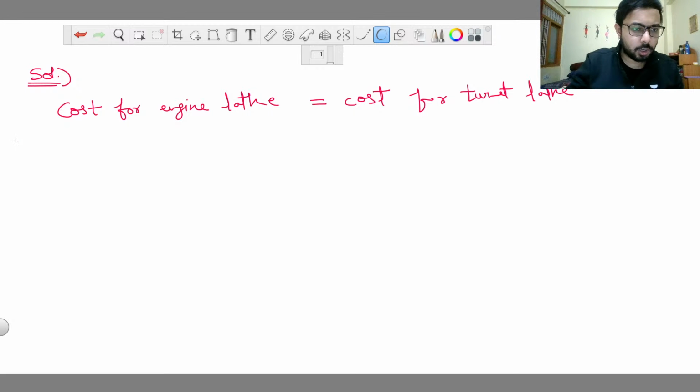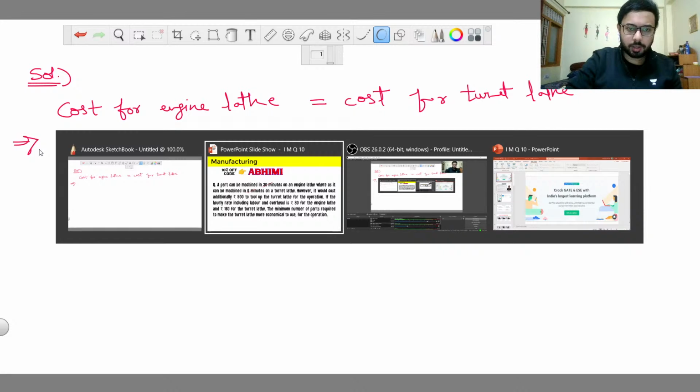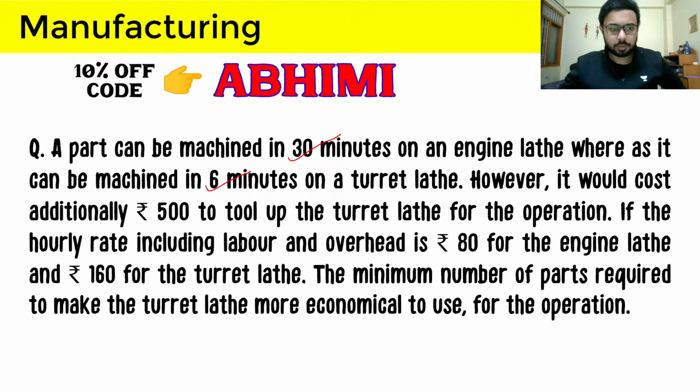If both the costs are equal, that we have to pay to make use of the engine lathe and turret lathe, then we will find the minimum number after which the turret lathe is more economical to use.